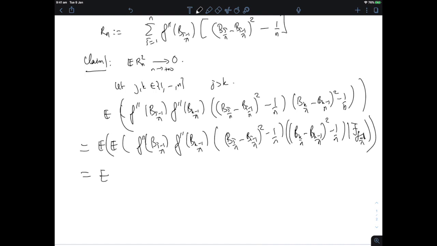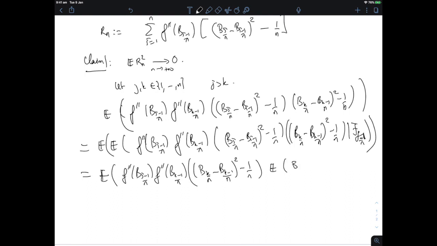Taking out what is known in the conditional expectation, this is the same as the expectation of f''(B_{(j-1)/n}) f''(B_{(k-1)/n}) times (B_{k/n} - B_{(k-1)/n})^2 minus 1/n, times the conditional expectation of (B_{j/n} - B_{(j-1)/n})^2 given F_{(j-1)/n}, minus 1/n.